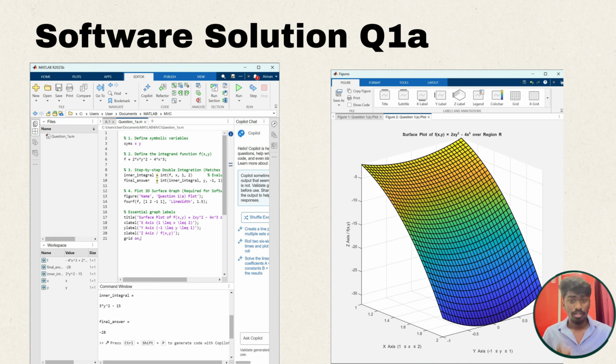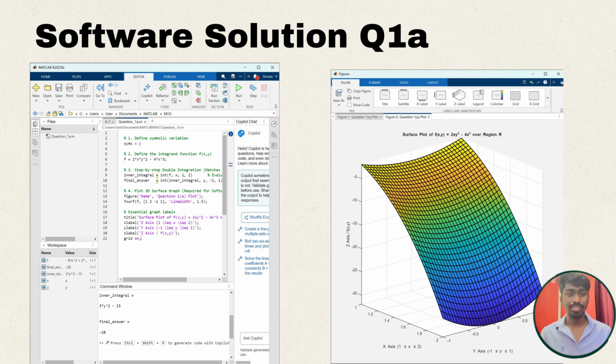Notice the variables stored in our workspace on the bottom left. It confirms that our symbolic outputs match our manual derivation expectations. The command window output at the bottom shows the clean final verification: an inner integral of 3y to the power of 2 minus 15y and the definitive final answer of negative 28.